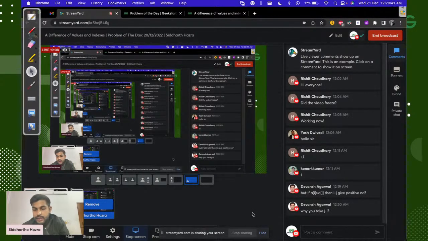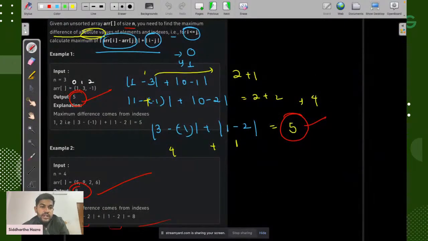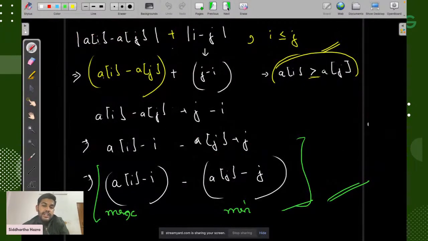If a of i is greater than a of j, then, it is told that the array is unsorted. It does not mean that if the element is large, the index is also large. This condition, i is less than or equal to j, I am not mentioning by myself.